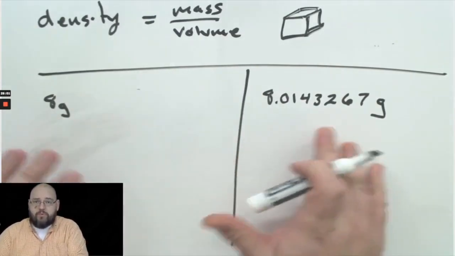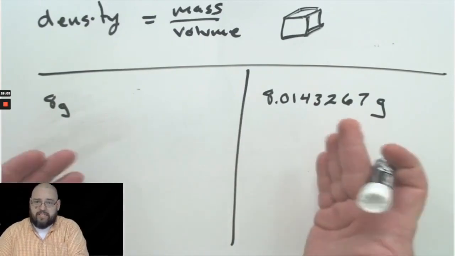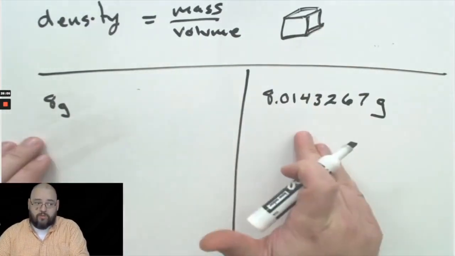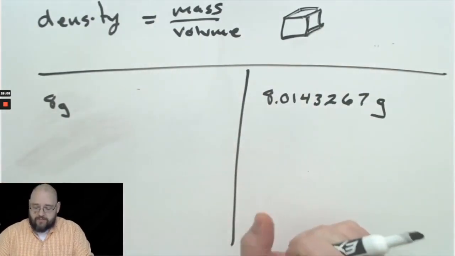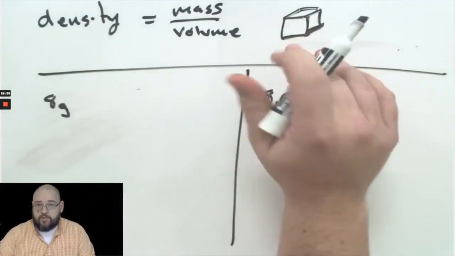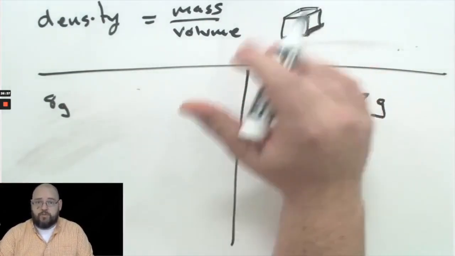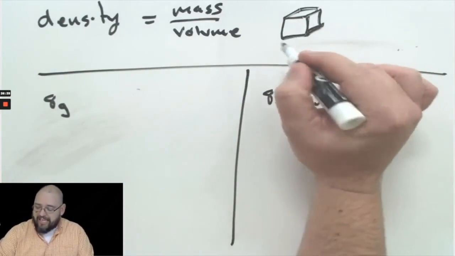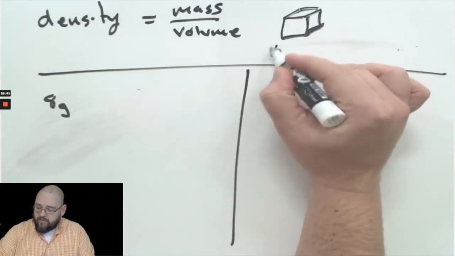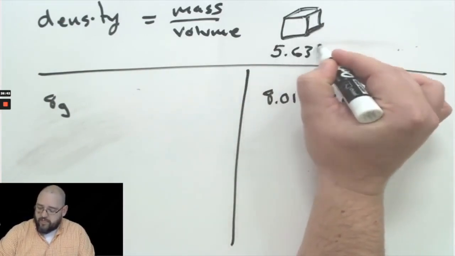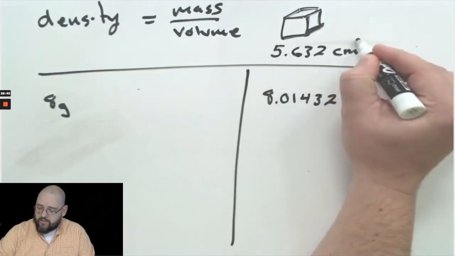Now, would you say that both of these are basically 8 grams? Yes, it's the same cube. Now I'm going to measure the volume using a ruler and multiplying it out, and let's say I get a volume of 5.632 cubic centimeters.